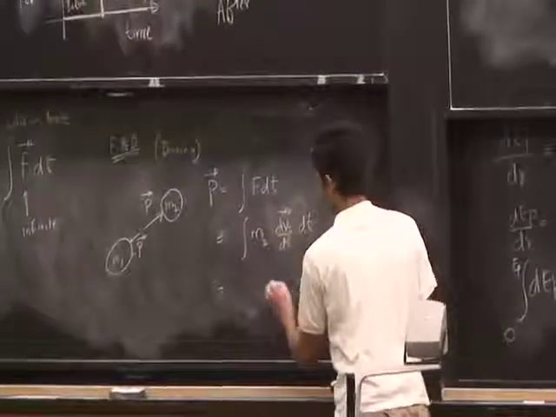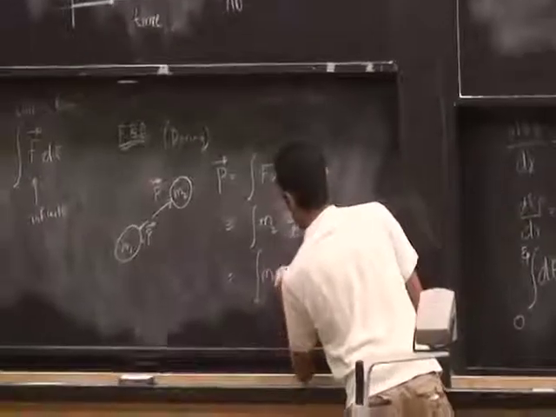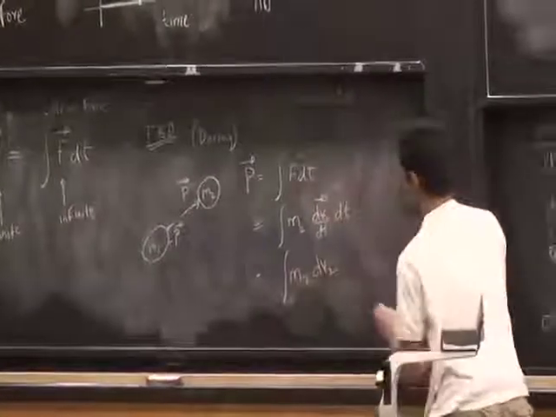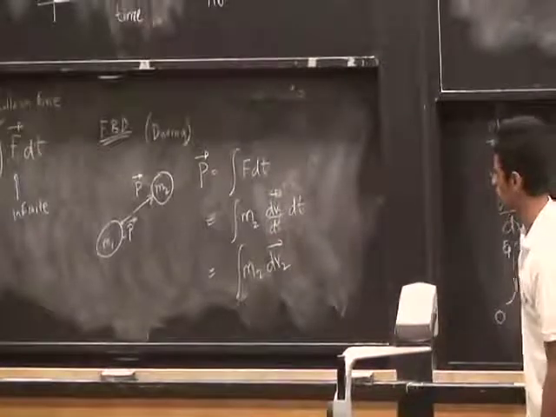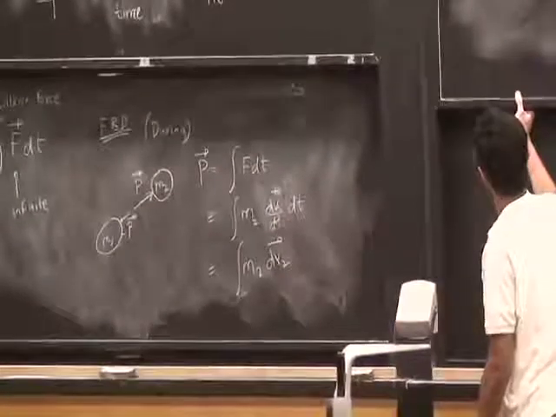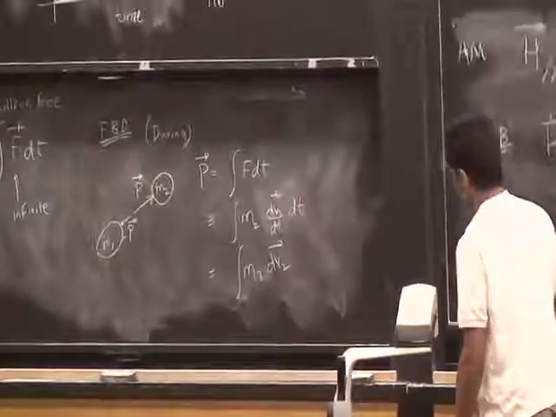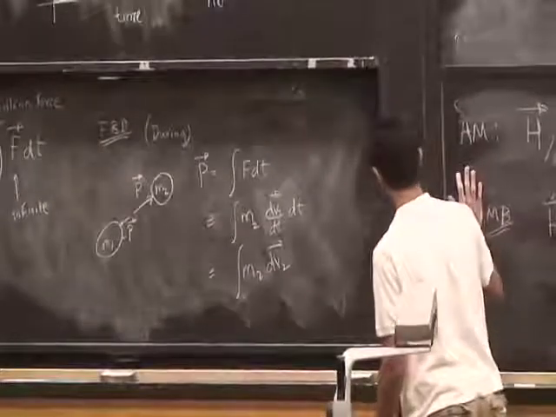And you can rewrite this as m2 dv2. And once you have it in this form, I can just calculate what the impulse is. So let's carry out that integration.